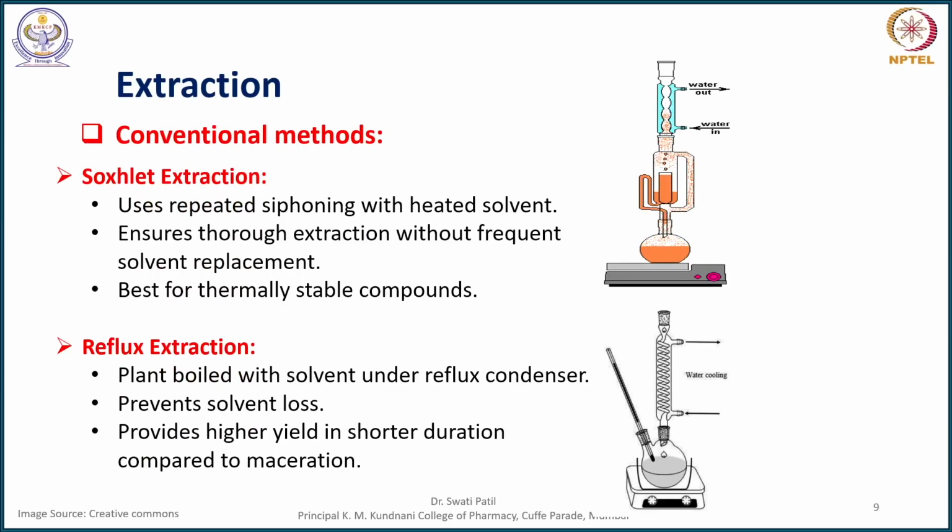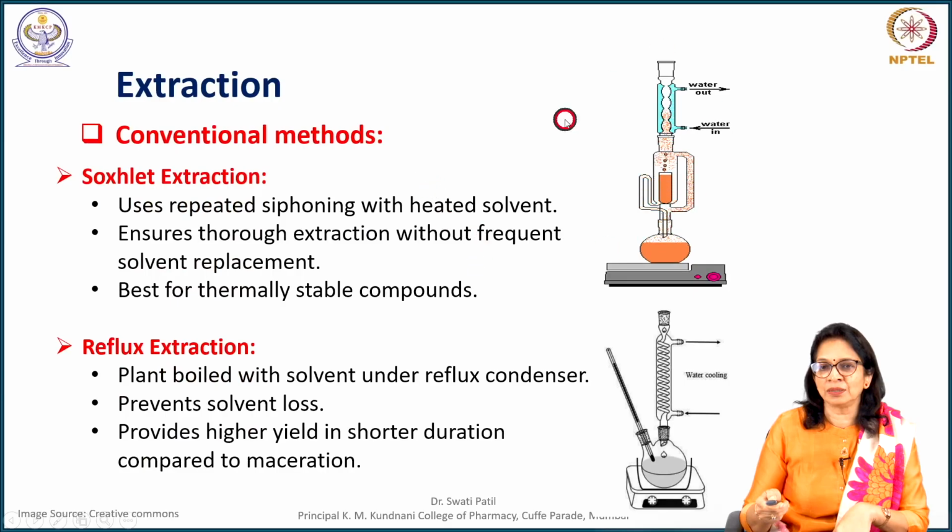Soxhlet is a very common lab scale method used to separate. Here the herb and the solvent are in contact with each other. This mixture is heated, solvent vapors rise from here, and through this tube they go into the condenser. This is the condenser. When these vapors are condensed, they are collected in this thimble tube.